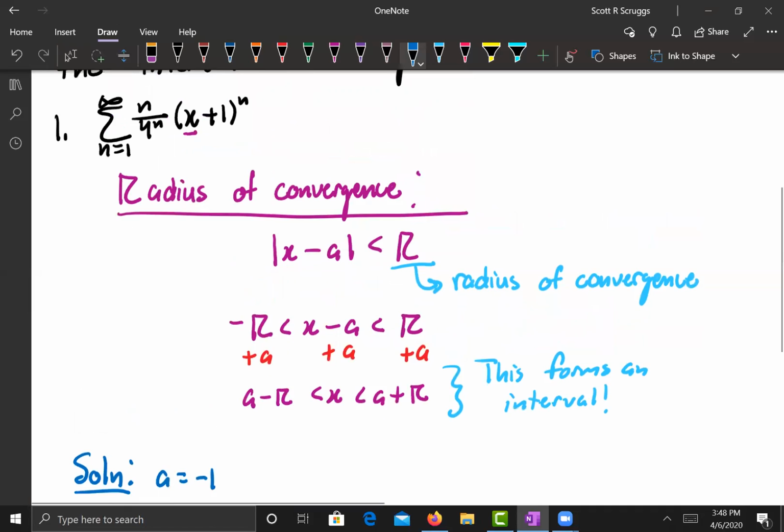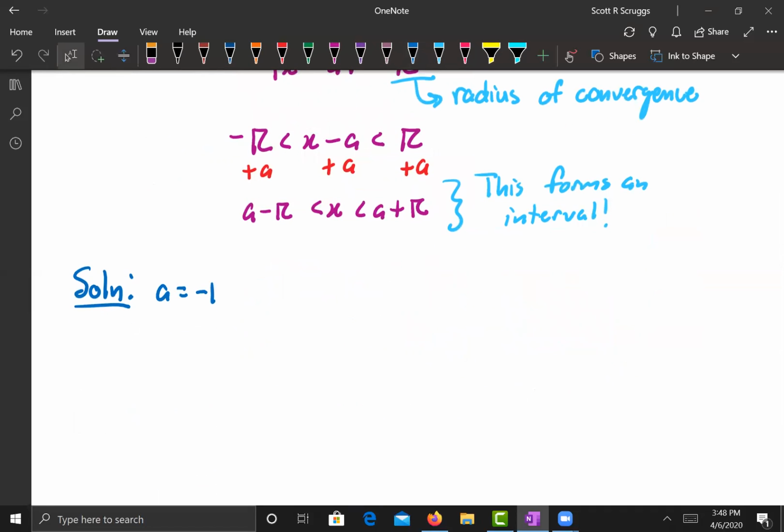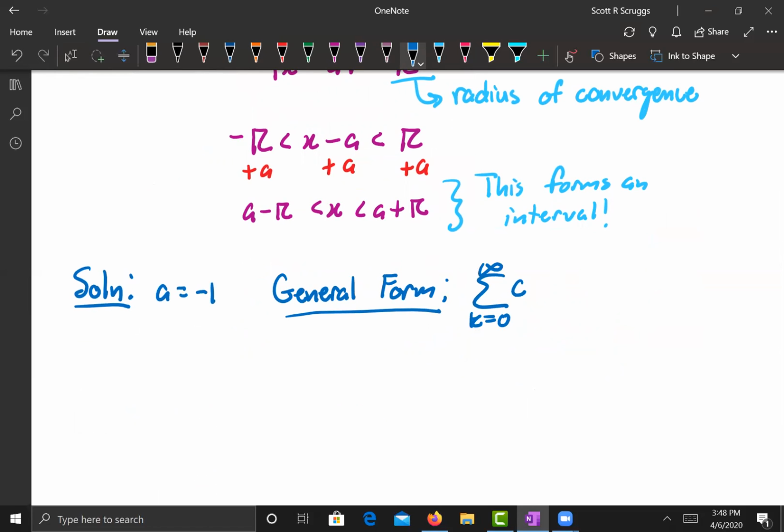And the reason why is that remember the general form of any power series centered at a number a is the sum going from k equals 0 to infinity of some constant that is always changing with respect to the index of the series, times x minus a raised to the kth power.